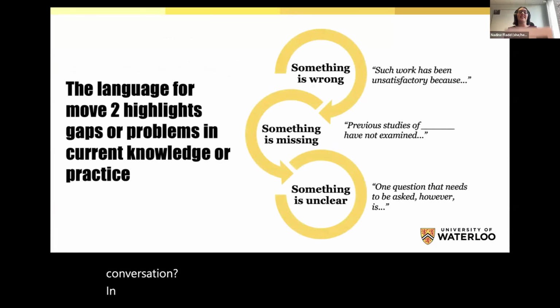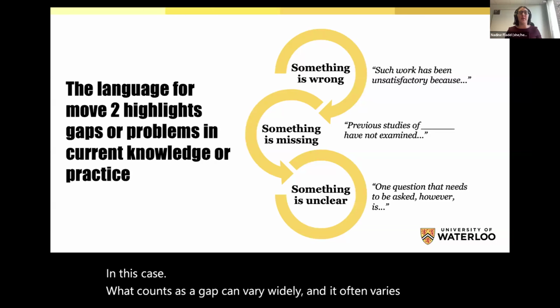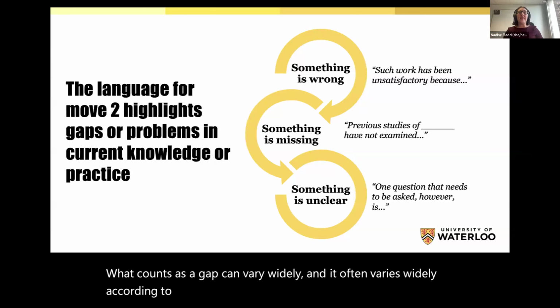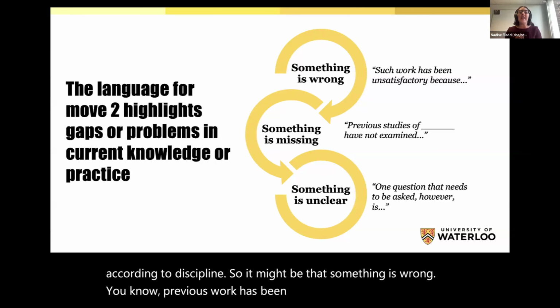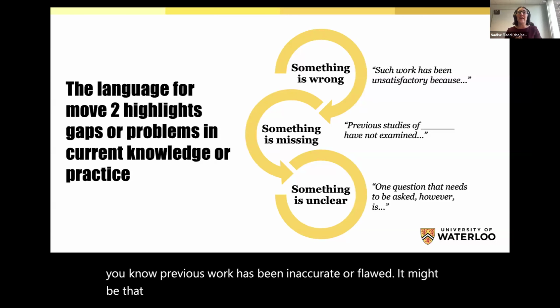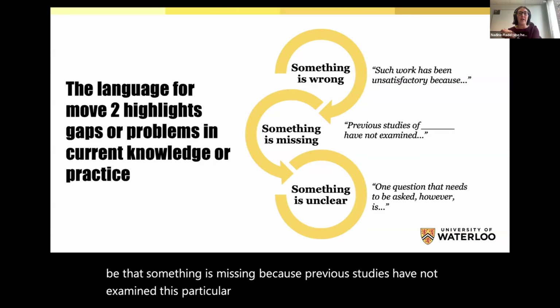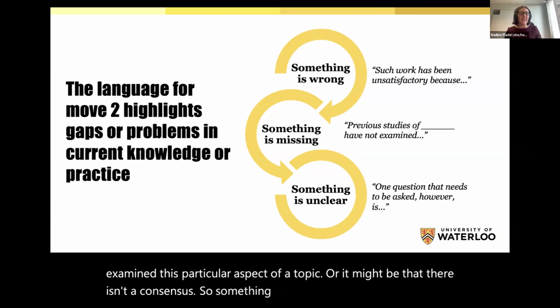In this case, what counts as a gap can vary widely, and it often varies widely according to discipline. So it might be that something is wrong, previous work has been inaccurate or flawed. It might be that something is missing because previous studies have not examined this particular aspect of a topic. Or it might be that there isn't a consensus, so something is unclear.